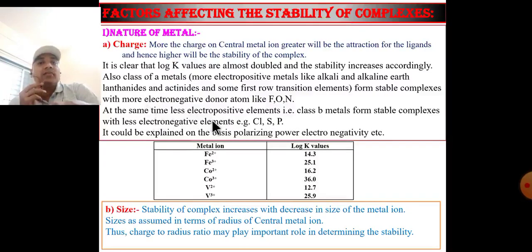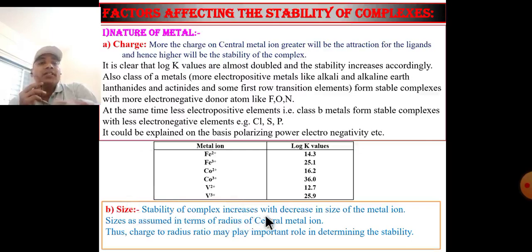At the same time, less electropositive elements, that is class B metals, form stable complexes with less electronegative elements like chlorine, sulfur and phosphorus. It can be explained on the basis of polarizing power and electronegativity. Second, size of metal.